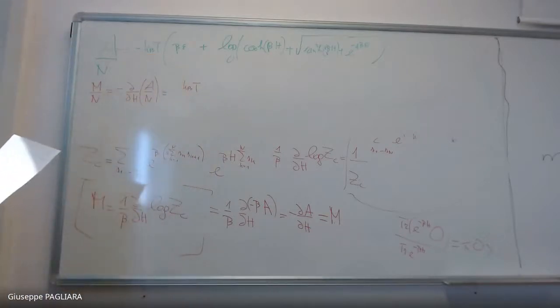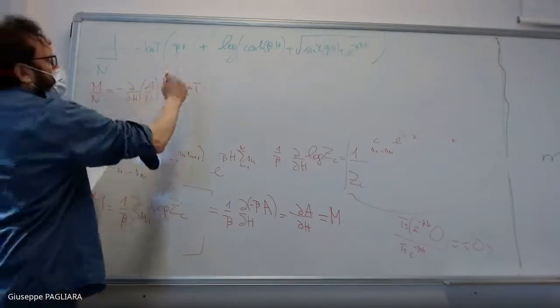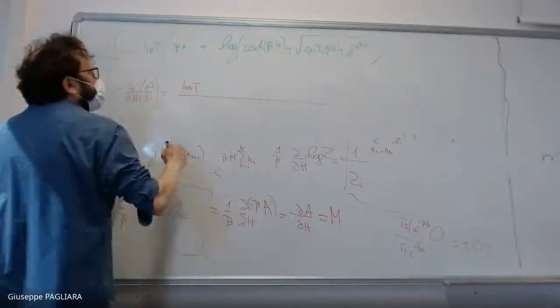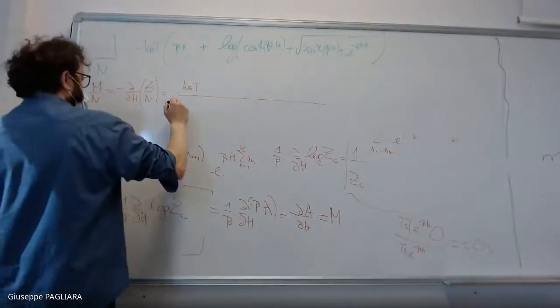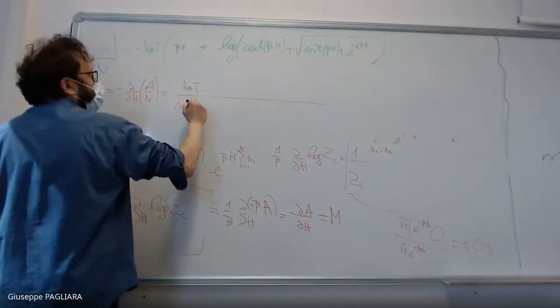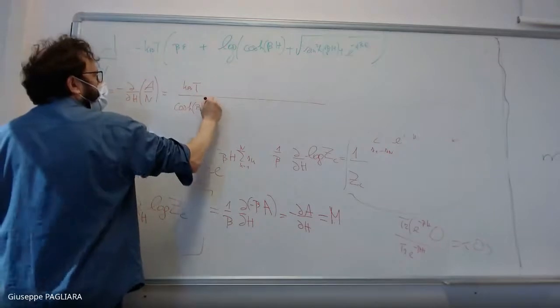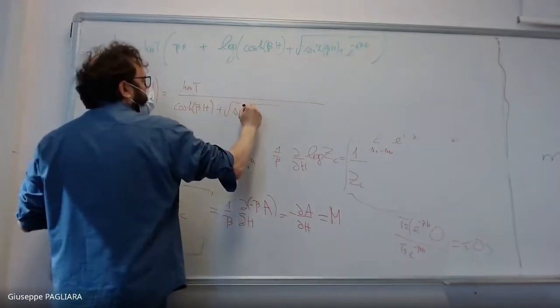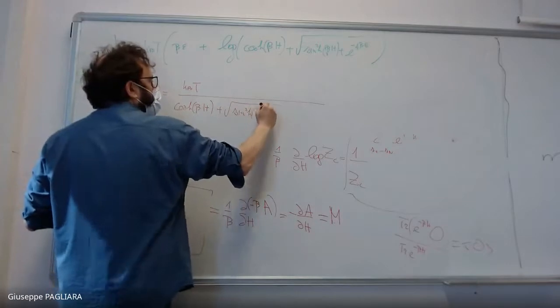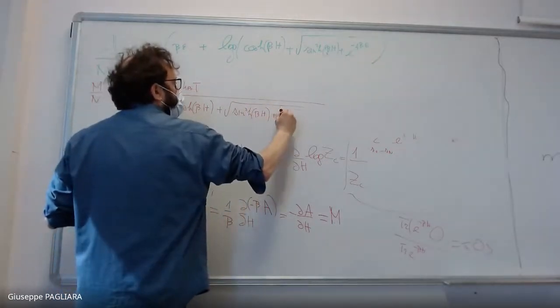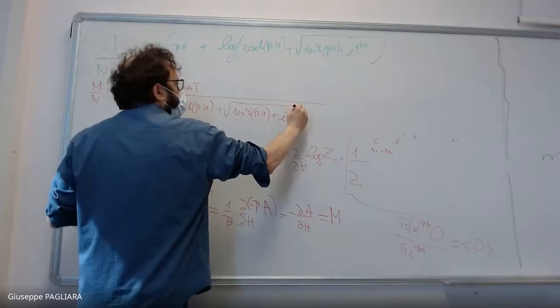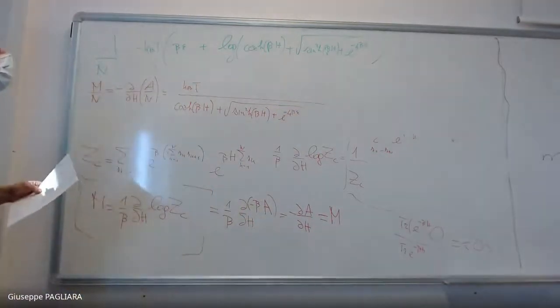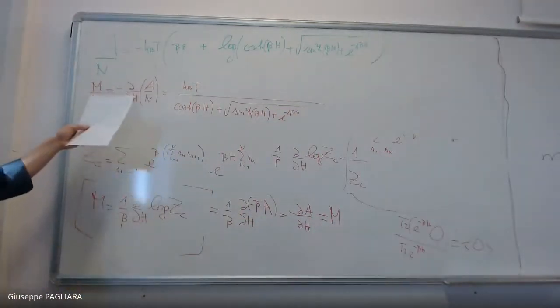And with a minus, I have a 1, and then I have, to do this derivative, the cosh(βh) plus the square root of cosh²(βh) plus e to the minus 4 beta epsilon. And I have to derive with respect to h this quantity.